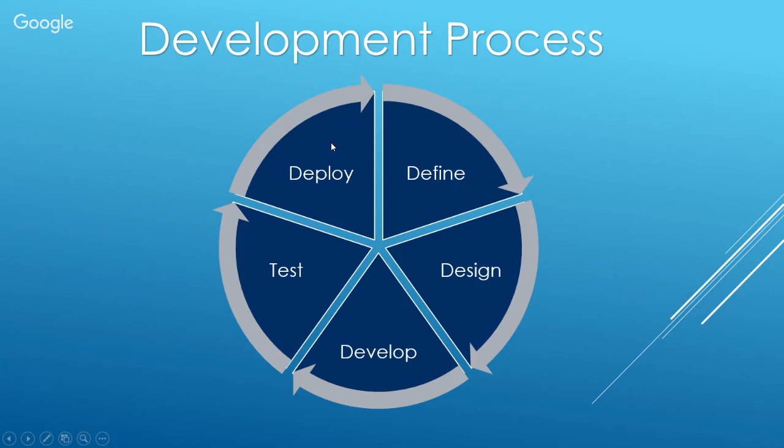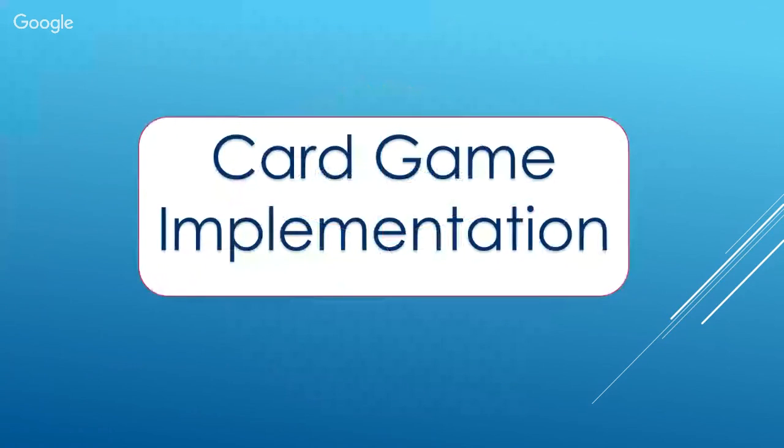So we go to the final part, which is the deployment. The deployment part, once your program is done and corrected, fully functional, you send the program to the customer, and he will be the judge of what you have done. So having said that, let's go to the card game implementation.